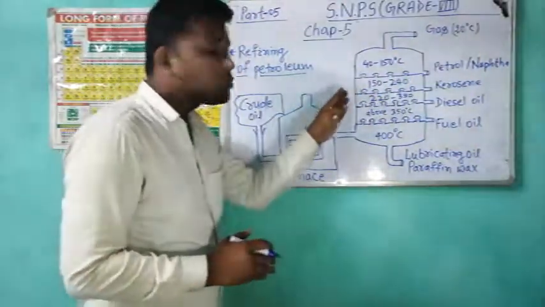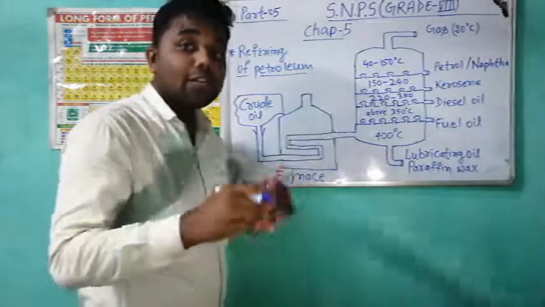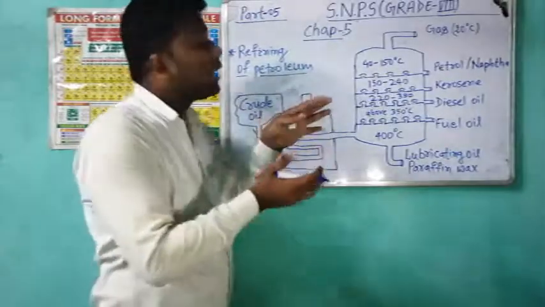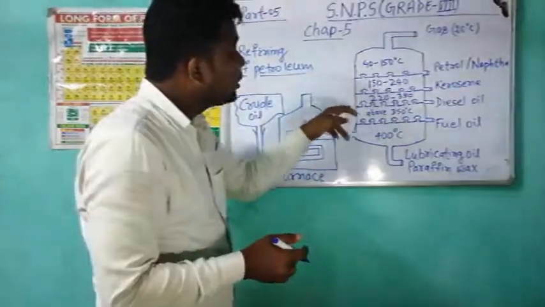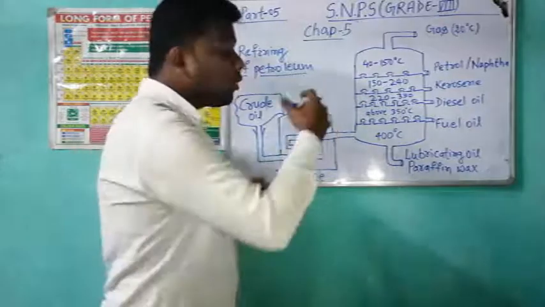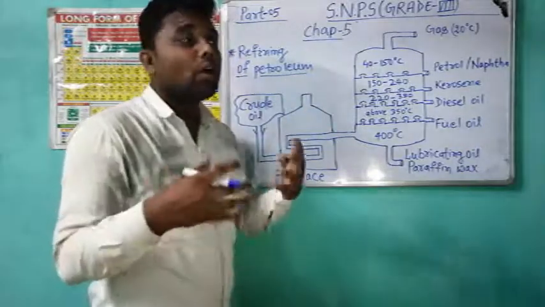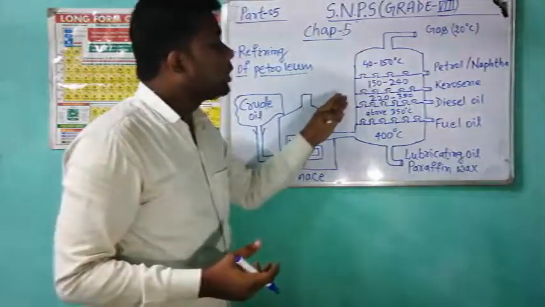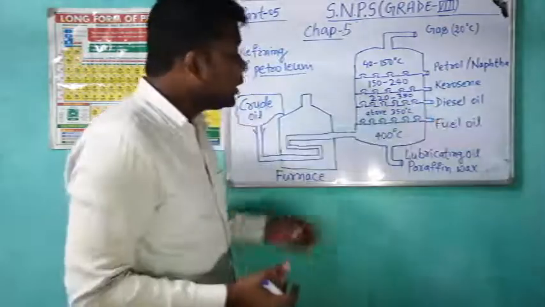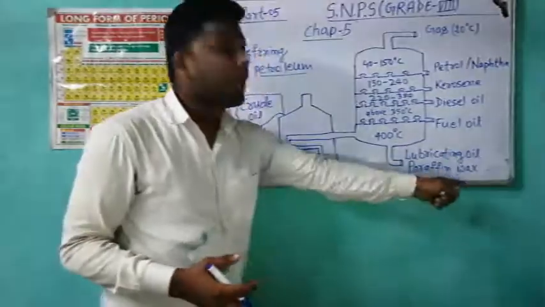After that, in the next tray, it is converted into kerosene, and the next into gases, and the vapors condense in these different trays, and we obtain different useful products, like petrol, naphtha, kerosene, diesel, fuel oil, and lastly we obtain lubricating oil and paraffin wax.